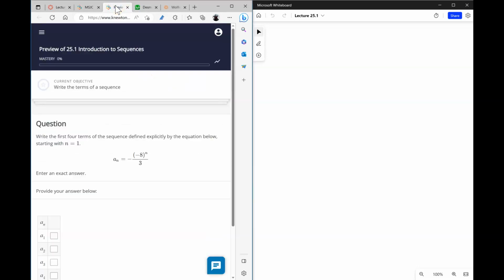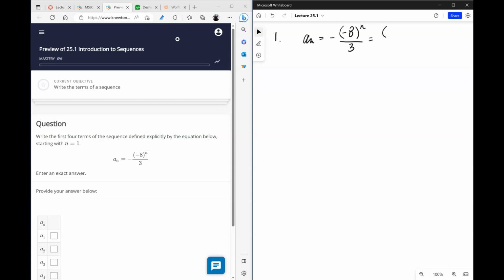And here's the first problem. In this question, we are asked to write the first few terms of a given sequence, and the sequence is presented to us by this formula. Notice that extra negative can be combined.